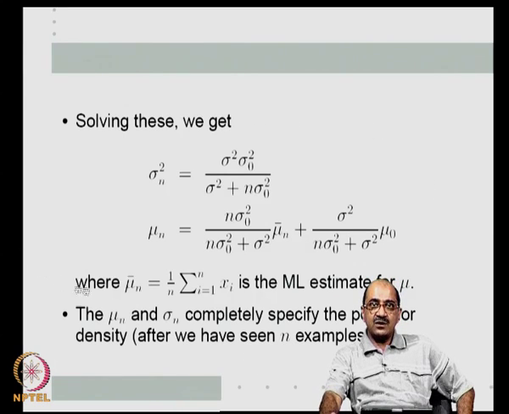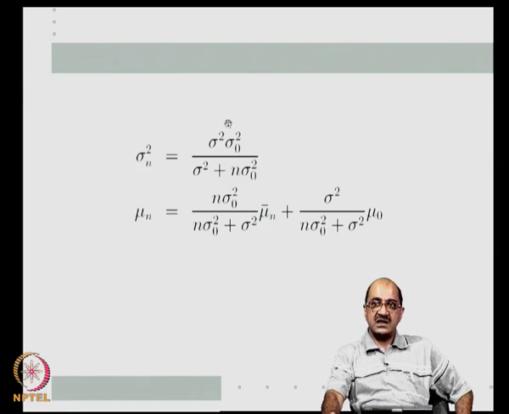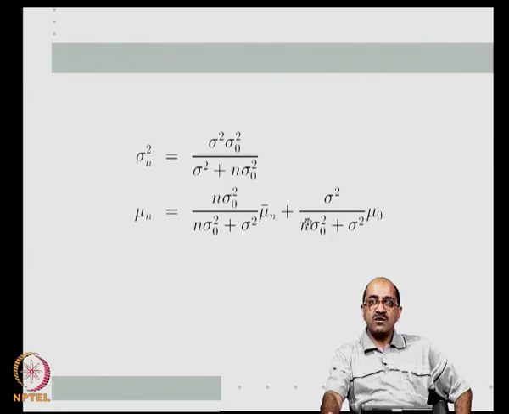Now, let us take a look at the expressions for mu n and sigma n square to see some interesting structure there. So, this is what we derived as our final posterior density. The posterior density is Gaussian with mean mu n and variance sigma n square, which are given by this. In this, mu 0 sigma 0 are what we have chosen. Those are the prior densities that we have started with.